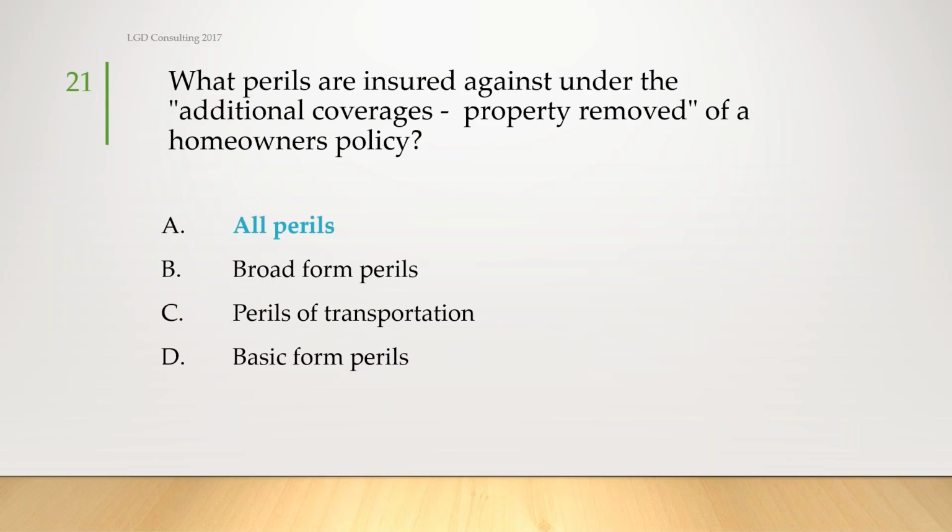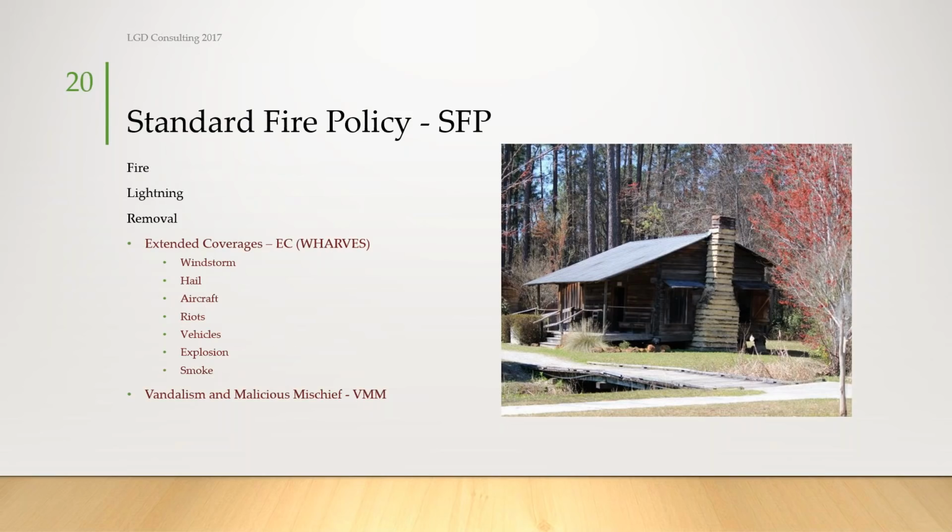Right? So what perils are insured against under the additional coverages, property removed of a homeowner's policy? And it's all perils. So this is how your test words questions, basically on topics such as removal. So remember I said removal is removing your stuff out of the house, protected from further loss.